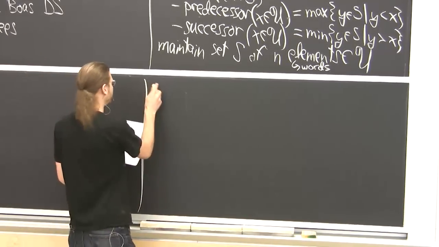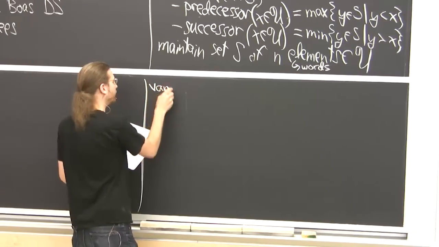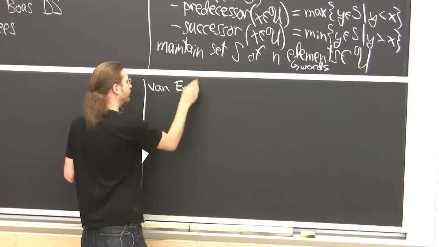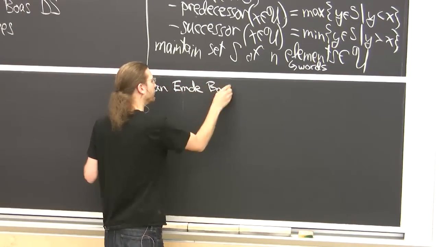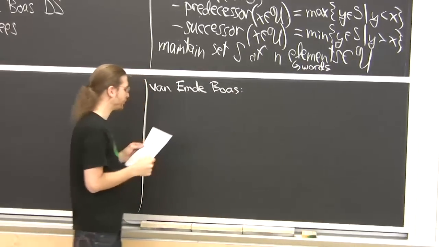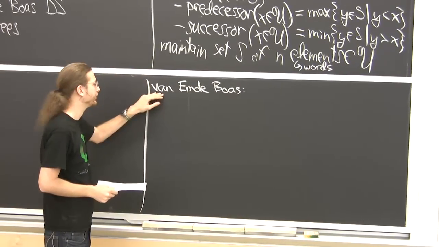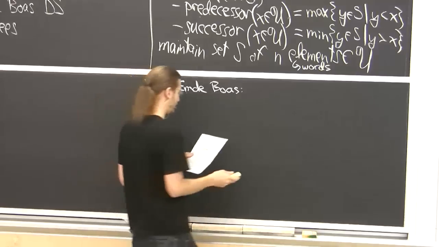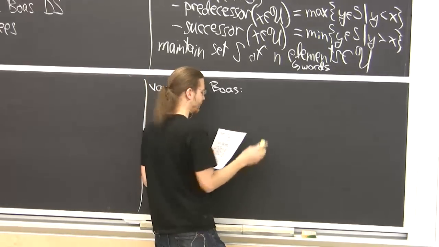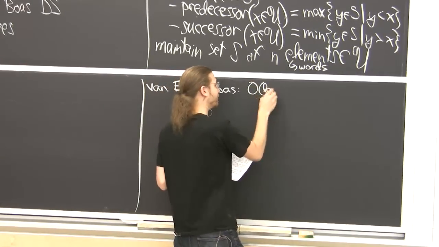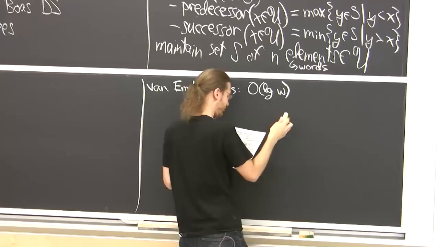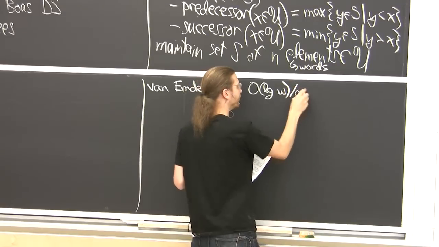So here are some results. The first data structure is called van Emde Boas. You might guess it is by van Emde Boas, Peter. It actually has a couple other authors in some versions of the papers, which makes it a little bit confusing. But for whatever reason, the data structure is just named van Emde Boas.